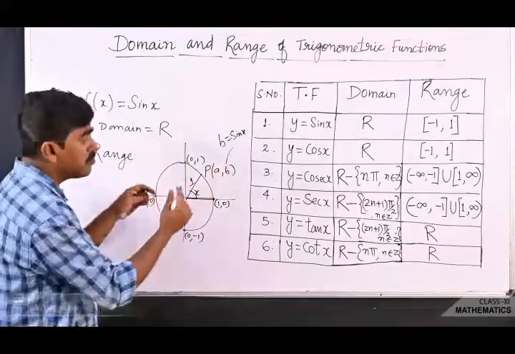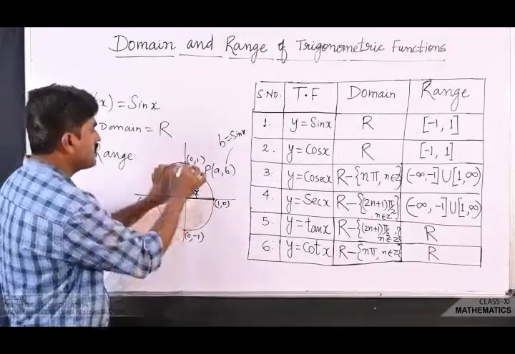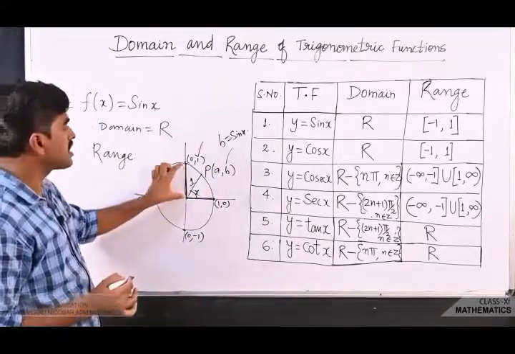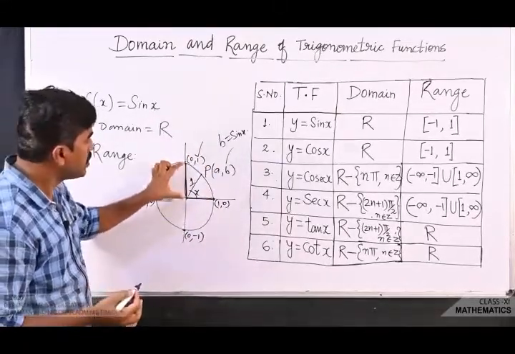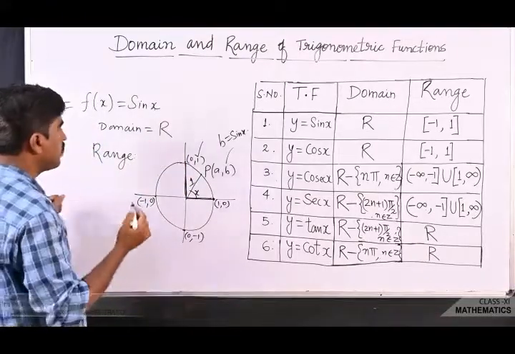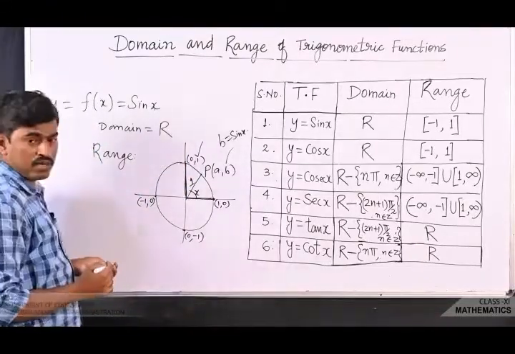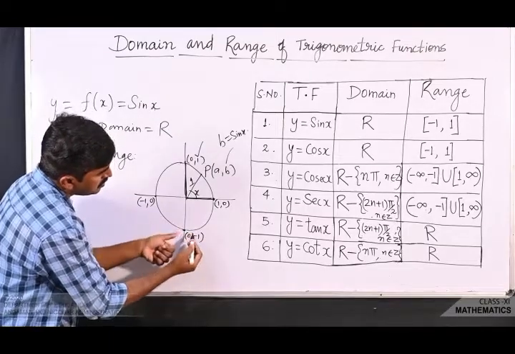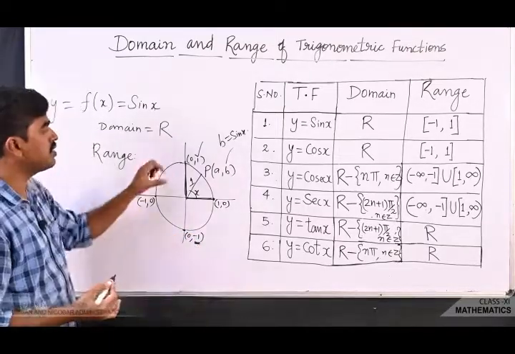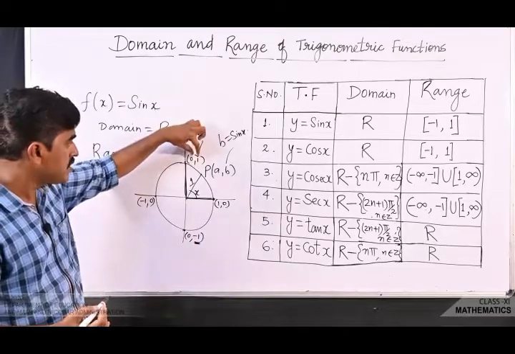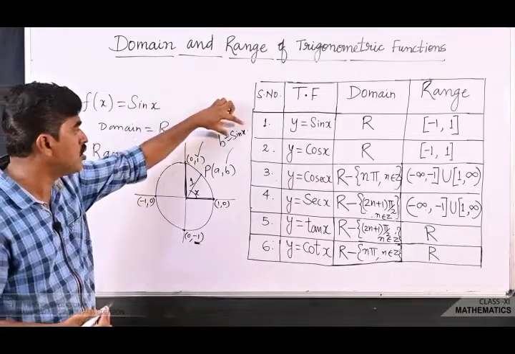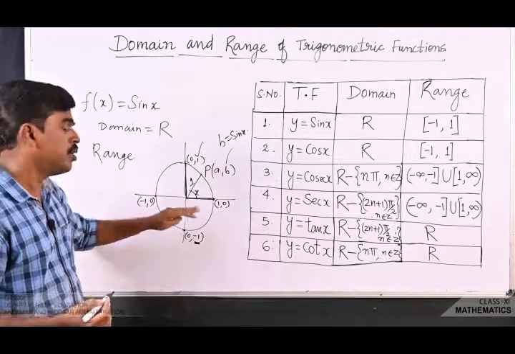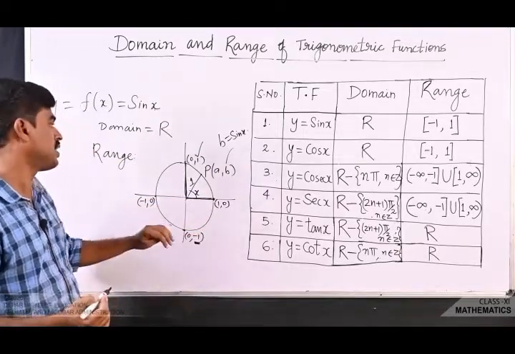So what is the maximum value of B here? This length is now B. Here 1. The maximum length of this B is equals to 1. And what is the minimum length of B? The minimum length is minus 1. That means if B is equals to 1, it is the maximum value of sin x, and if B is equals to minus 1, then it is the minimum value of sin x.